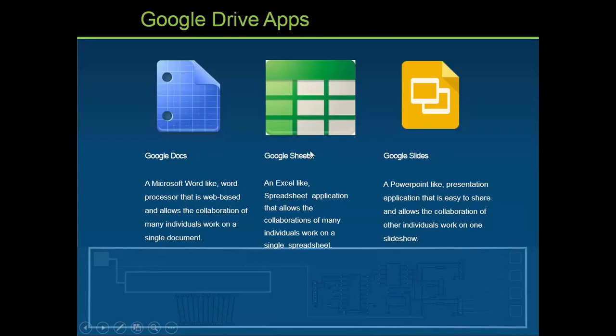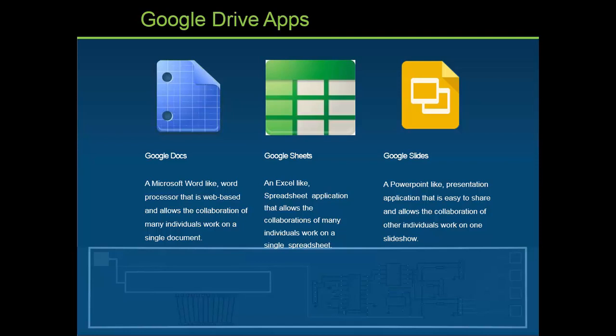Now, what all built-in applications are there in Google Drive? The first one is Google Docs, which is a Microsoft Word-like software, and it is web-based and allows collaboration of many individuals' work on a single document. Google Sheets is an Excel-like spreadsheet application that allows collaboration of many individuals' work on a single spreadsheet.